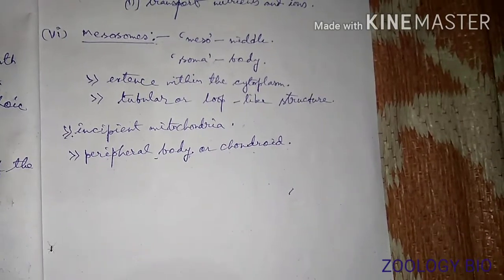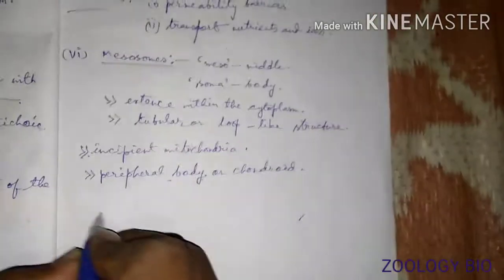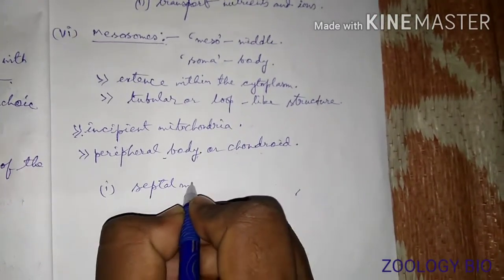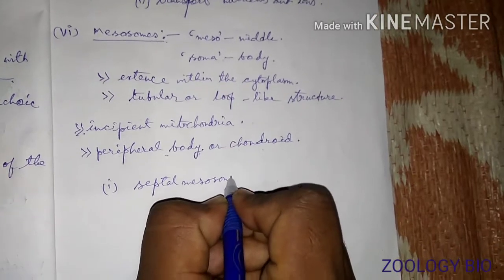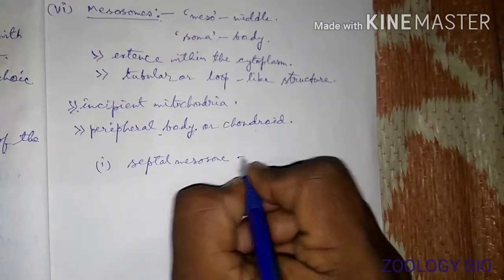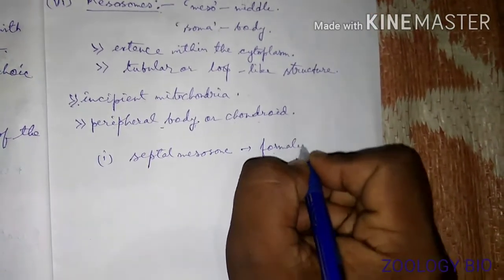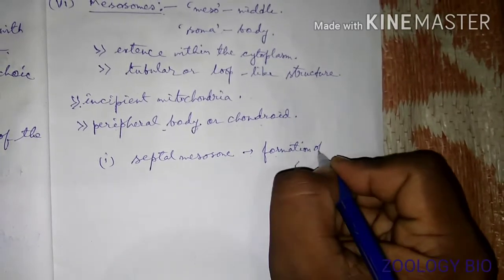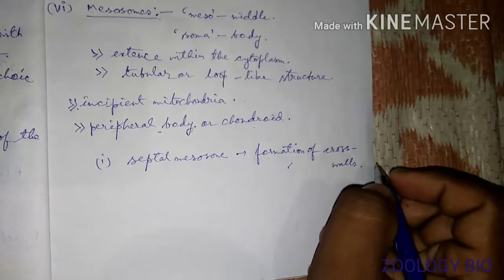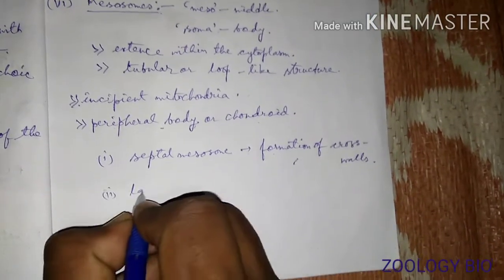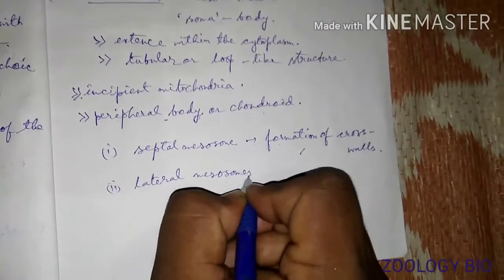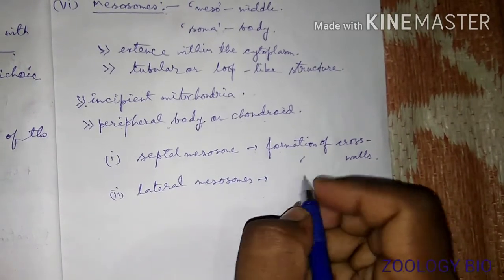Cell wall synthesis. There are two types of mesosomes. One type is the septal mesosome, which participates in the formation of cross walls, and the other is the lamellar mesosome, which is rich in respiratory enzymes.